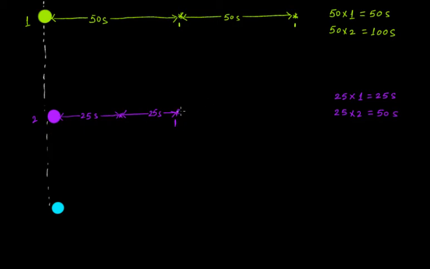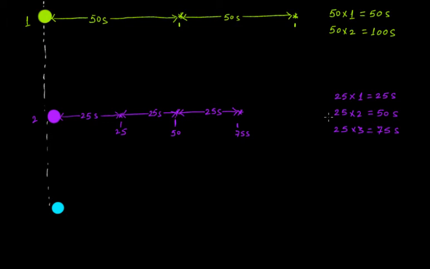It will again remain for 25 seconds and change after another 25 seconds. So first it changed at 25, next at 50 seconds, and it again changes after another 25 seconds, that is 75 seconds. 25 plus 25 plus 25 is 75, so 25 times 3 is 75 seconds.